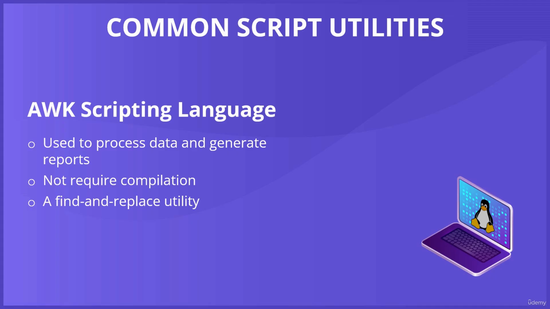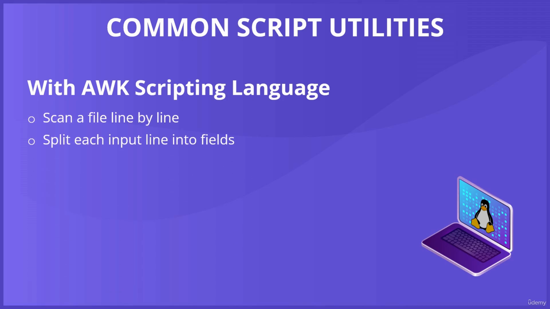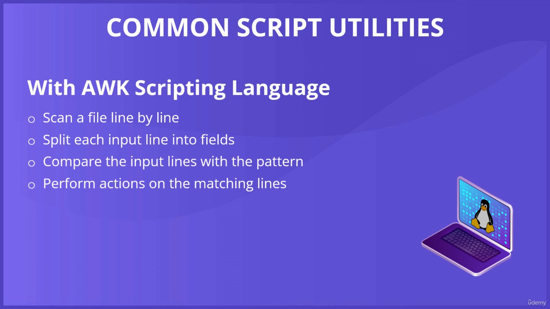What are these operations that we can do with awk? Well, to answer this question, we could scan a file line by line, split each input line into fields, compare the input line or lines with patterns, and perform actions on the matching line or lines.